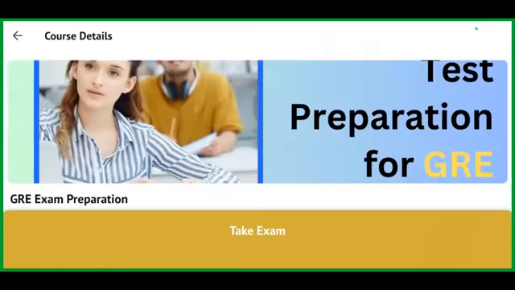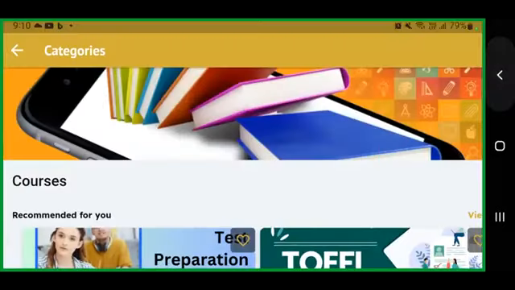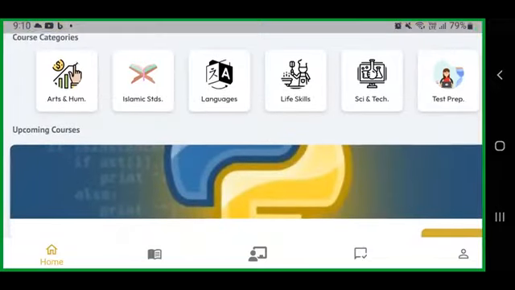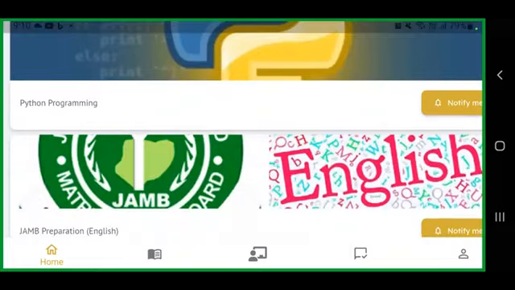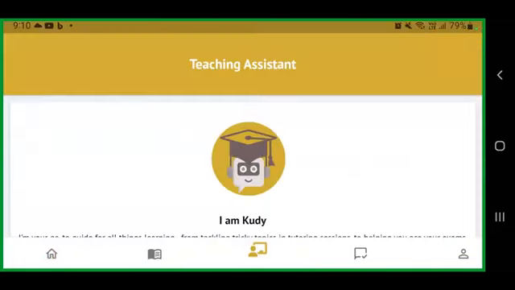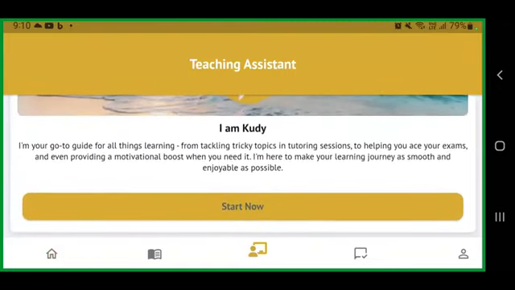So with this, you should be able to have access to our app and enjoy things that we provide for free at your fingertip. Not only that, we have incorporated an AI to help you. You can just press this. The AI bot is called Kudi.